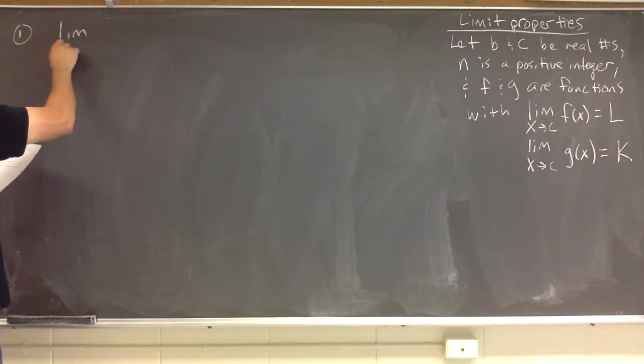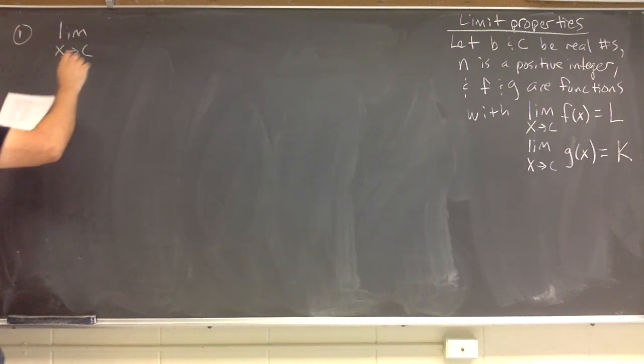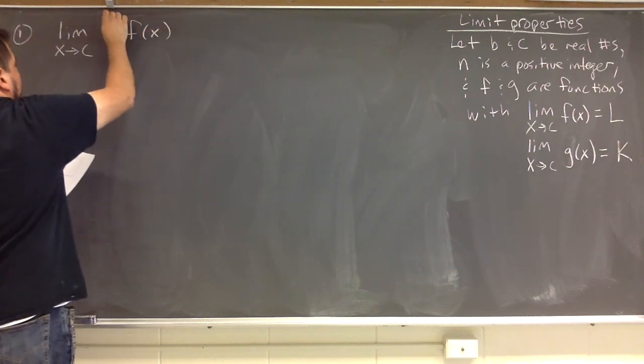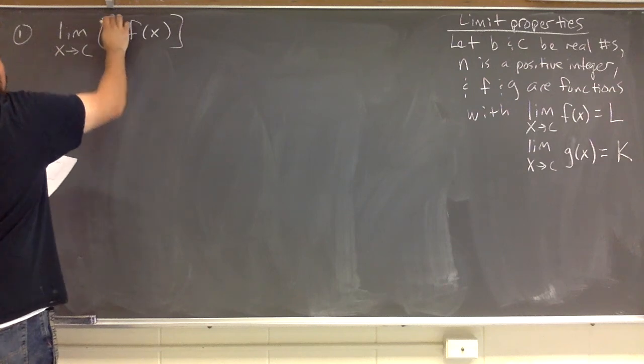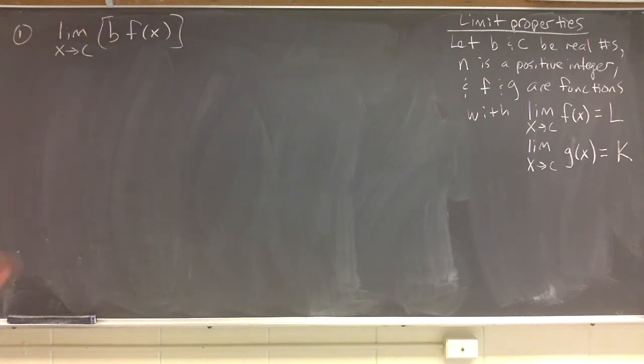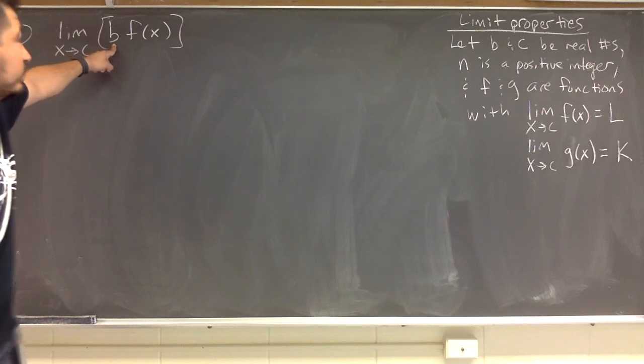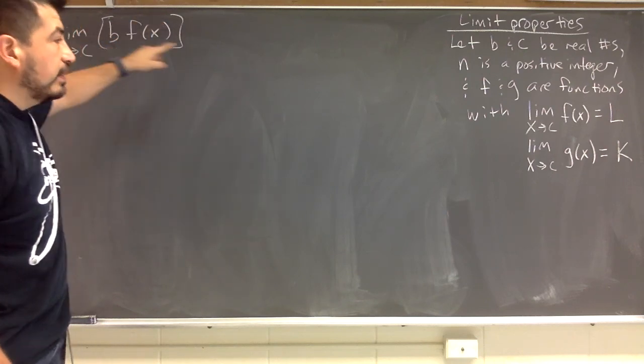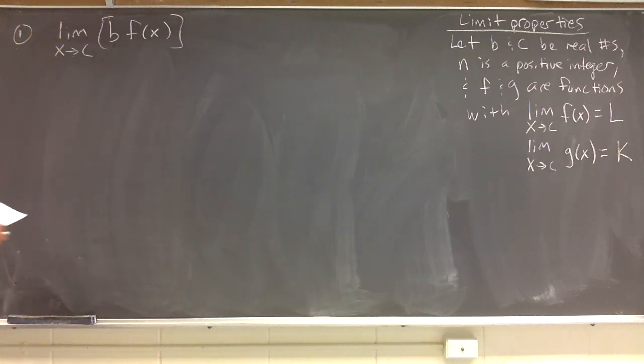The limit as x approaches c, and let's say we just have a number multiplied times a function. Well, this is just a constant. So all it's going to do is multiply the original function by this value, and therefore it will also multiply the limit by that value.